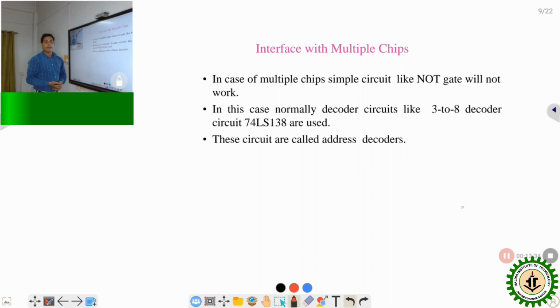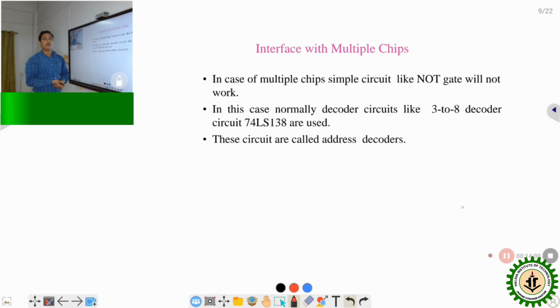So a thing to be remembered over here is that in case of multiple chips, most of the time a single NOT gate will not be sufficient, because there may be many unused lines. That means the number of lines connected with the memory and the number of lines coming out from the microprocessor may differ.